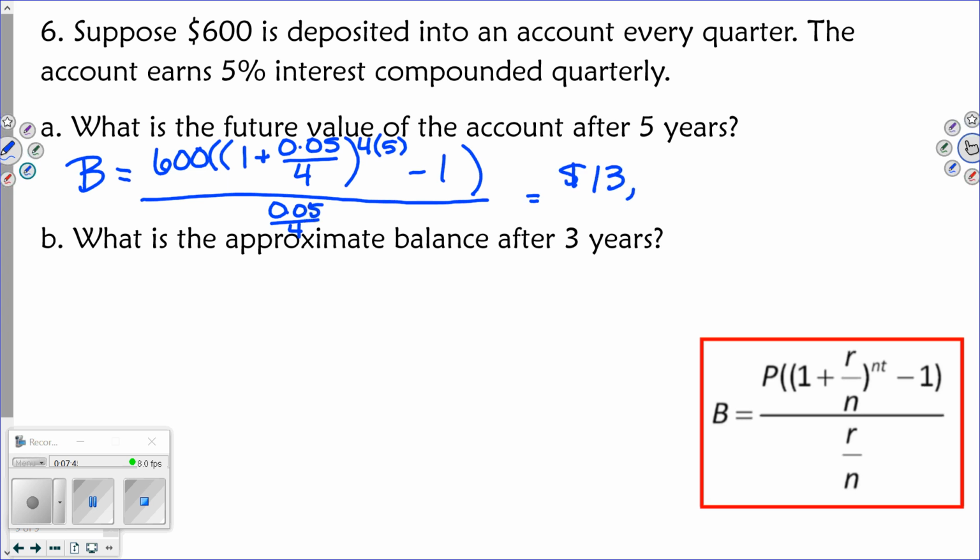So double check what you got. I got $13,537.79. How'd we do? Good? Got that?